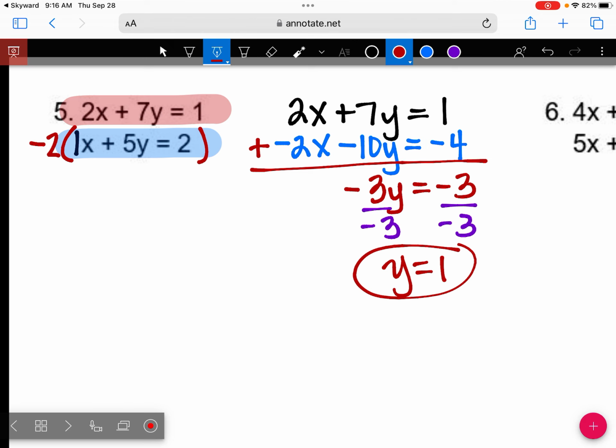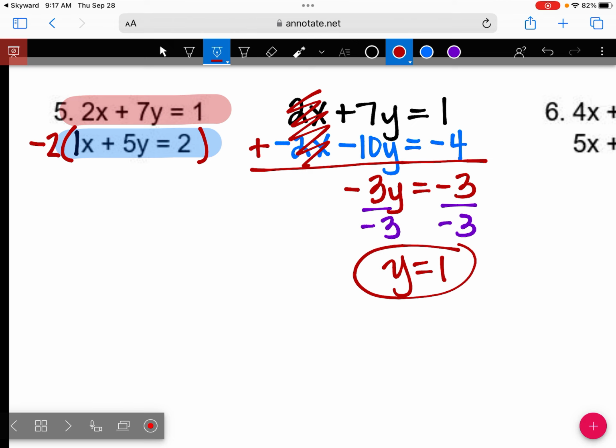So when we add, these two terms cancel out. That went away because they were opposite, so they canceled out. 7y minus 10y is -3y. 1 minus 4 is -3. Divide both sides by -3, you get y equals 1.